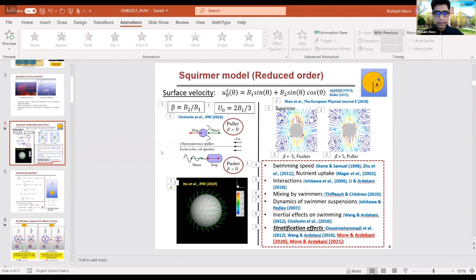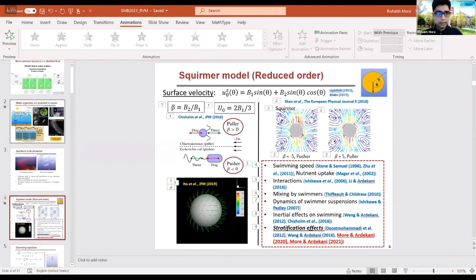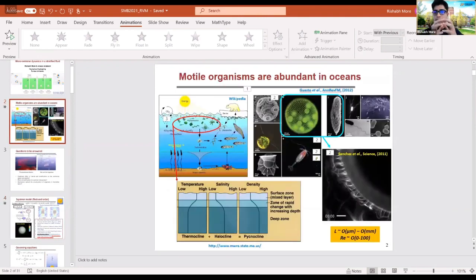Also this squirmer model is useful for Volvox, which is kind of a sphere and also has ciliary organs on its surface. So in some cases, depending on the viscosity of the fluid, its Reynolds number can also become important.